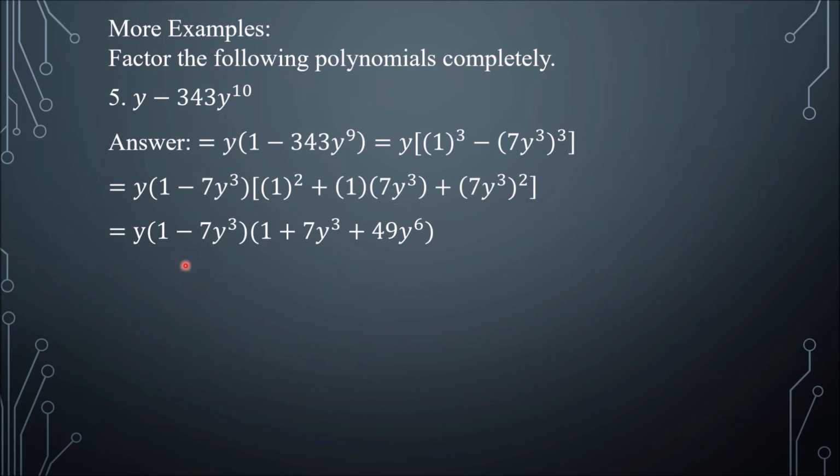Simplifying that, we have y times 1 minus 7y cube times 1 plus 7y cube plus 49y raised to 6, which came from 7y cube squared, this 49y raised to 6. So the factored form of y minus 343y raised to 10 is this.